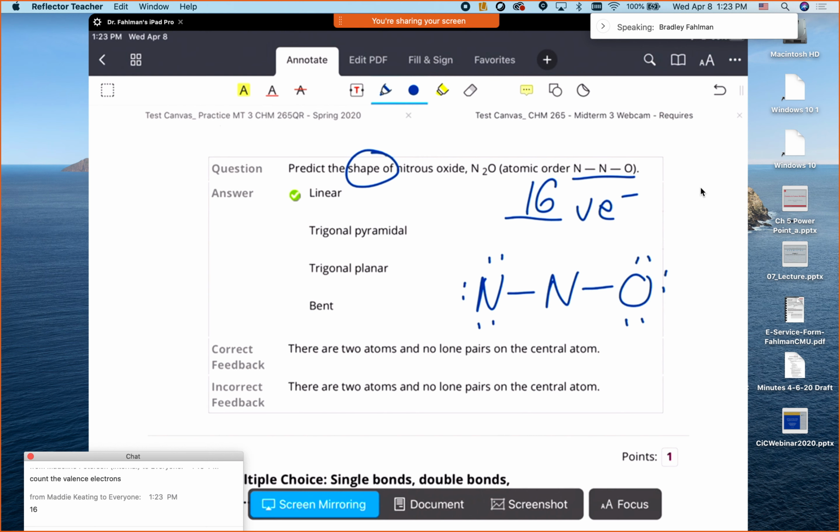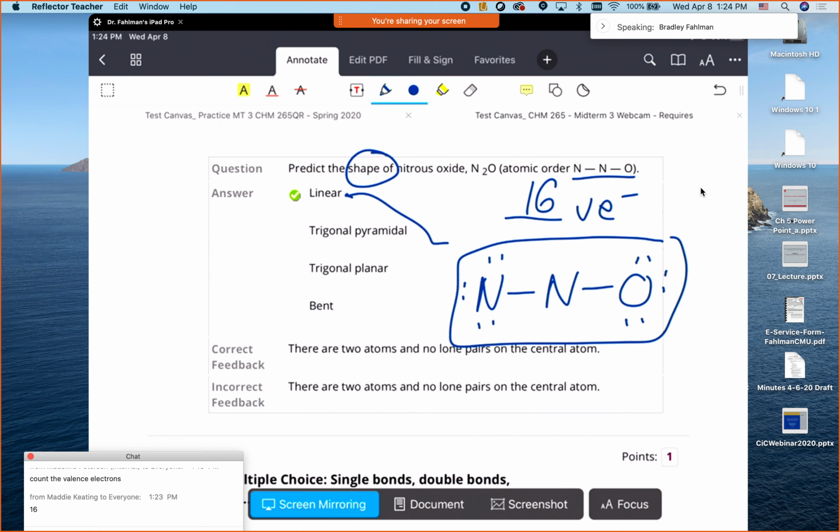Okay, so then you look at this structure. So why is this not the best Lewis structure? For this question, it really didn't matter, really. So if you just got this, you'll get the same answer, right? So you've got a structure where there's no lone pairs on the central atom, so it's still going to be linear.